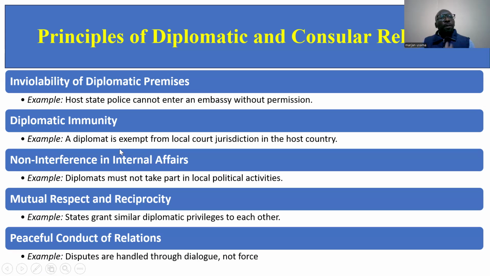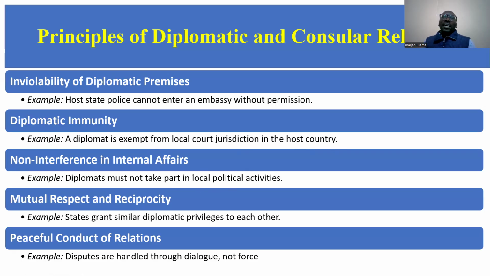Diplomatic immunity. A diplomat is exempt from local court jurisdiction in the host country. So a Somali diplomat, the ambassador of Somalia, cannot be taken to court in Kenya. Non-interference in internal affairs. Diplomats must not take part in local political activities.